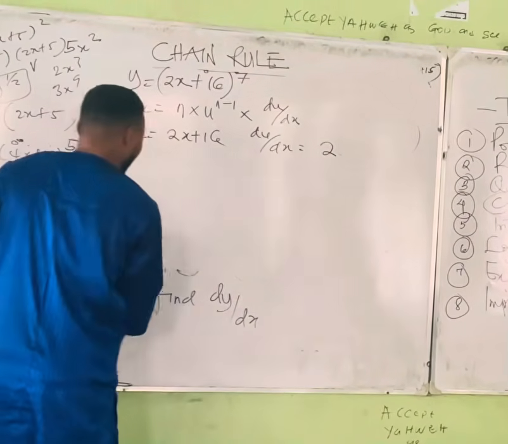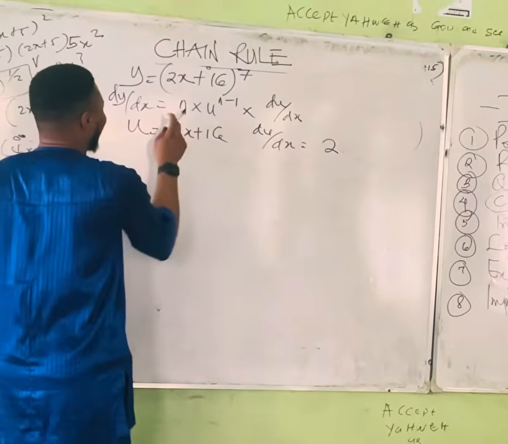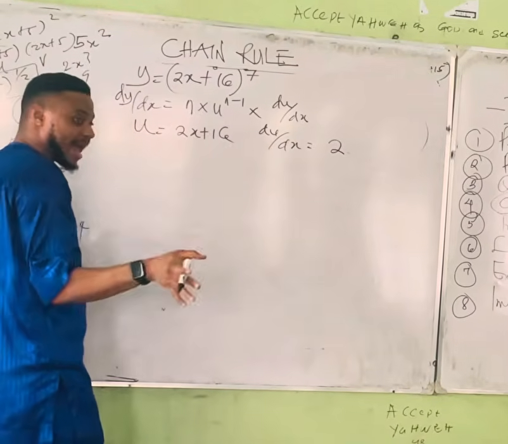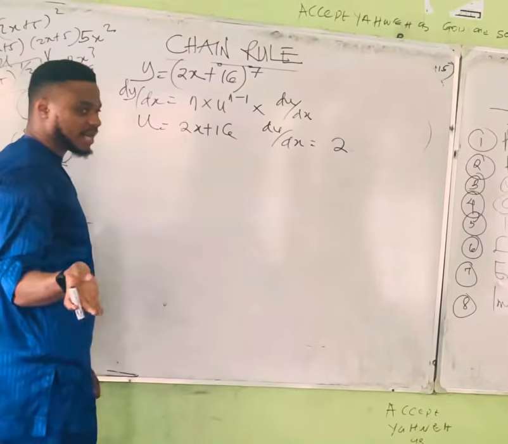Now the next thing is of course to apply the formula. I told you that n times u to the n minus 1 times du over dx is the formula to apply when differentiating this kind of function with a higher power.